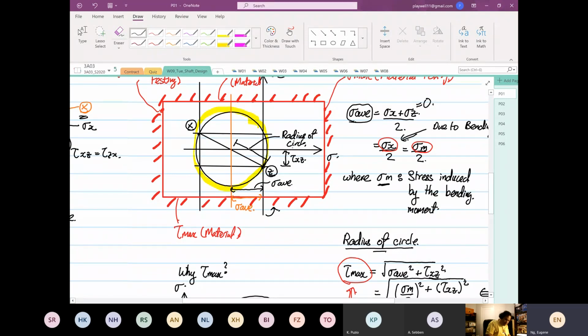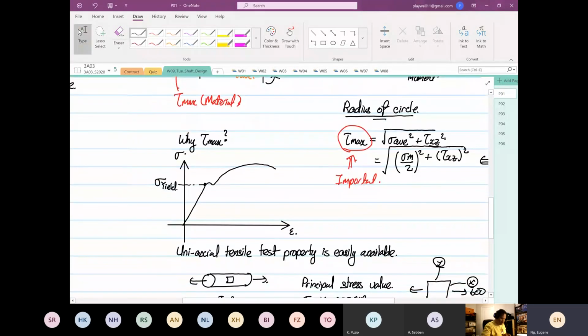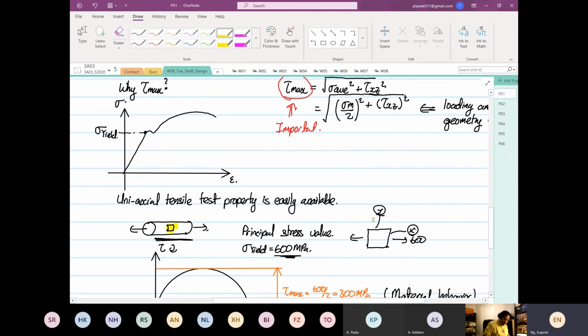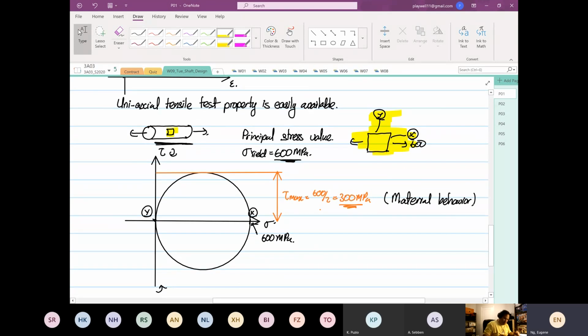So why is it so critical to find tau max? Last week I explained that if we do a uniaxial tensile test, and we have a value of 600 megapascal, and we take the element from here and draw an element over here, like what I've highlighted now, we will get a Mohr's circle.